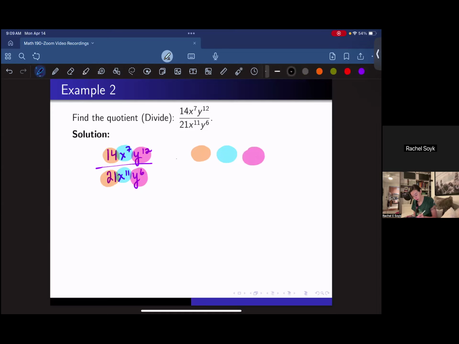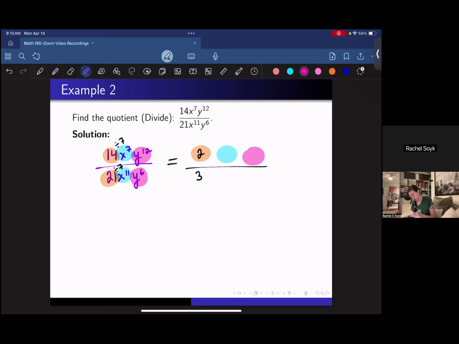Okay. Now 14 doesn't go into 21 perfectly, but what do we notice? We notice that they both share a factor of 7. So we can divide both by 7. 7 goes into 14 2 times, and 7 goes into 21 3 times.